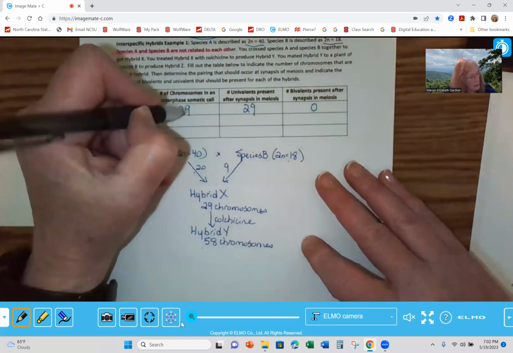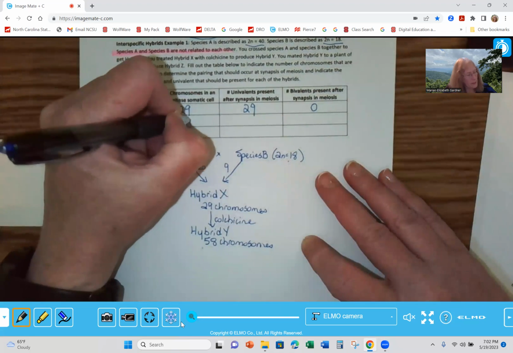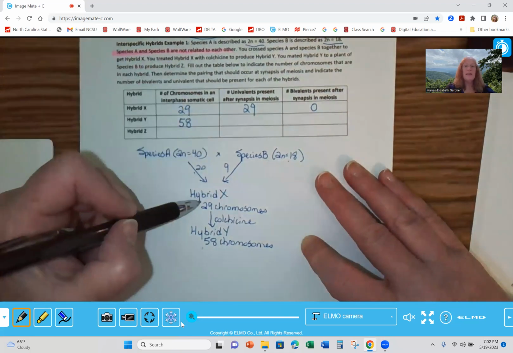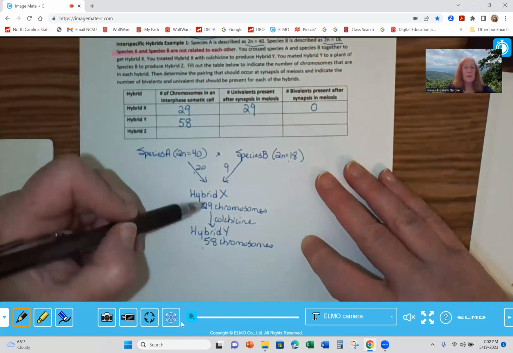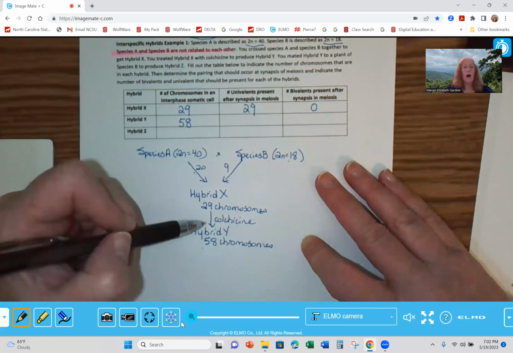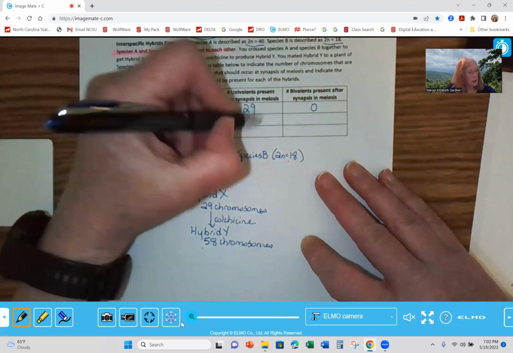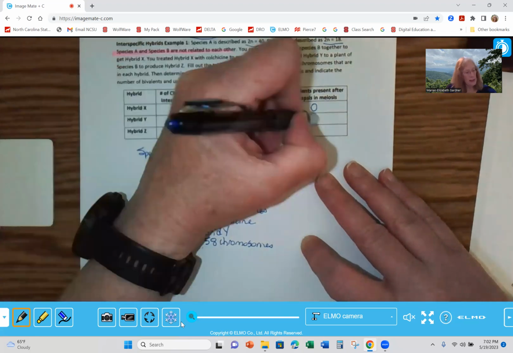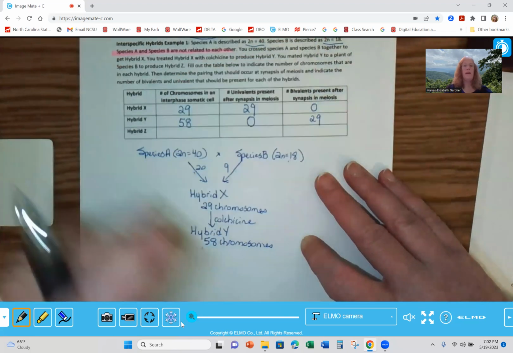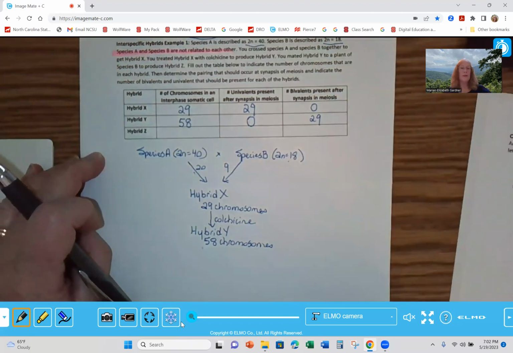So hybrid Y has 58 chromosomes. Now, the cool thing here is since we doubled each of these chromosomes, there really are 2 copies of each of these 29 chromosomes. So there are no univalents and 29 bivalents in meiosis.